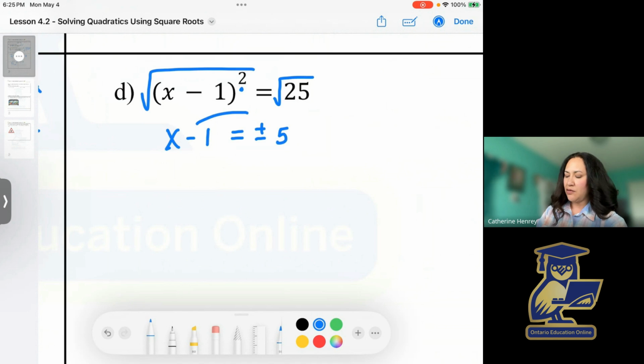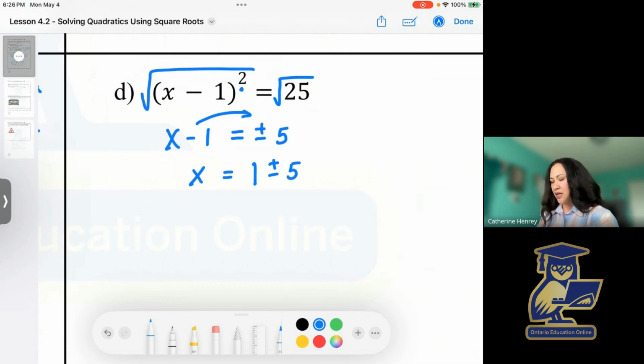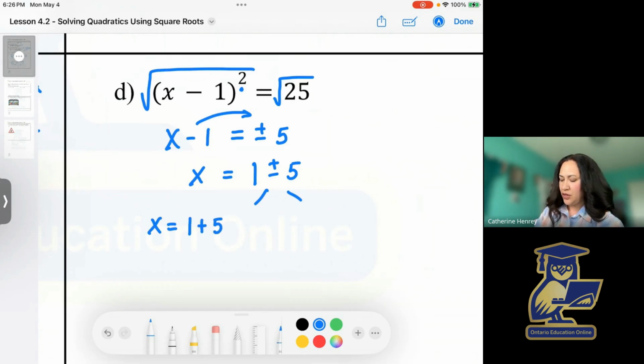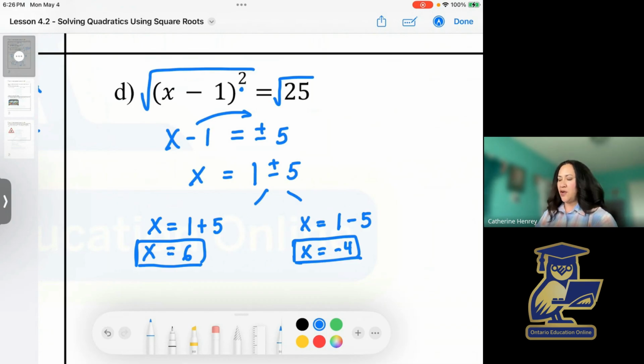Then I move the negative 1 over, and I get x is equal to positive 1 plus or minus 5. Now, in this case, we have to split it up, and we have two possible solutions. We could have x equals 1 plus 5, in which case x equals 6. Or we could also have x equals 1 minus 5. In this case, x equals negative 4. So there are two solutions that satisfy the original equation.